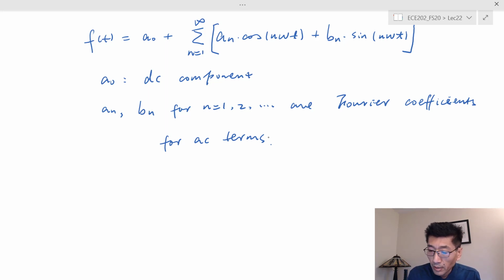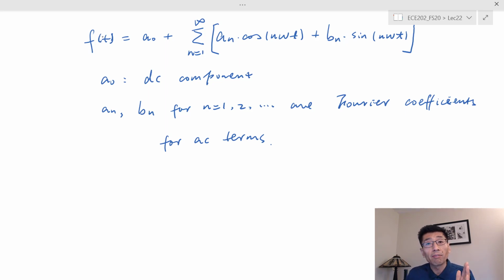For this Fourier series to be convergent, there are certain mathematical conditions for f(t), and we're not quite concerned with that, because for any practical waveforms we can generate physically, they always have a convergent Fourier series. So we don't really worry about that.